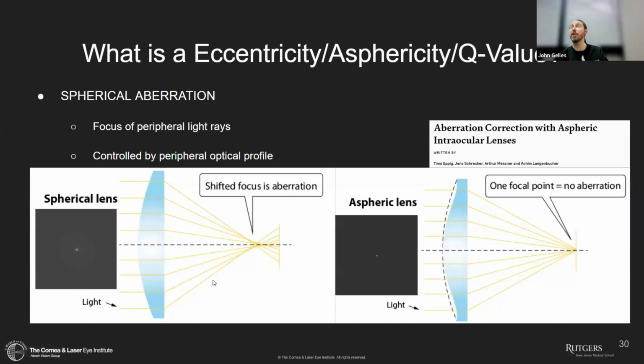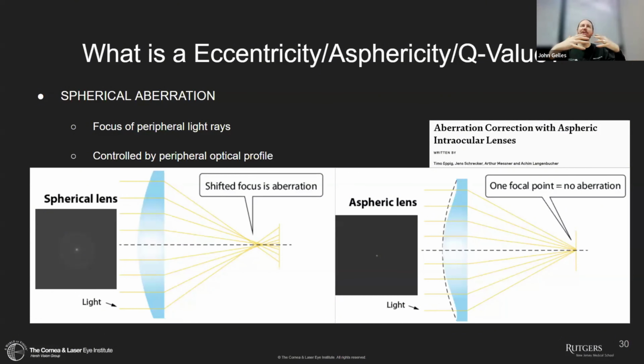Now that can be good or bad depending on what the individual needs. If we give them just enough spherical aberration, we can improve your depth of focus. But if we give you too much spherical aberration, it degrades your quality of vision. So we can use aspheric lenses where we bend that peripheral light array more to make that focal point much tighter, and then we can reduce the aberrations further.